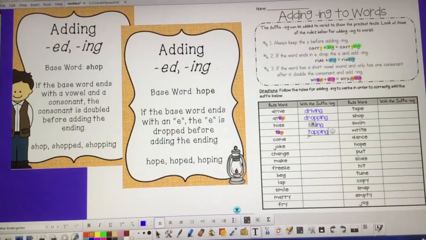I'm going to drop the E and add an ING. Joke, once again, ends with an E. So JOKING for joking. Change, ends in an E. Drop the E. So CHANG, drop the E, ING, changing. Make, ends in an E. Drop the E, add ING.